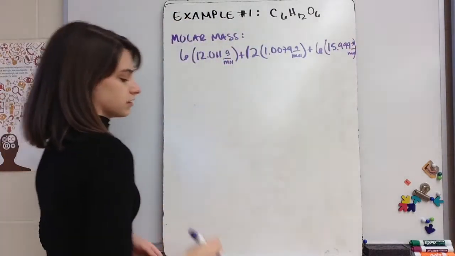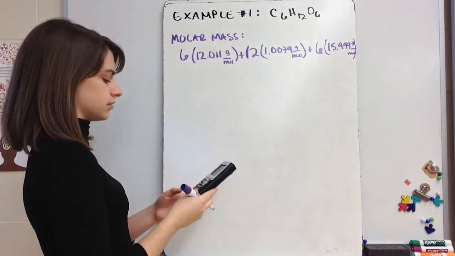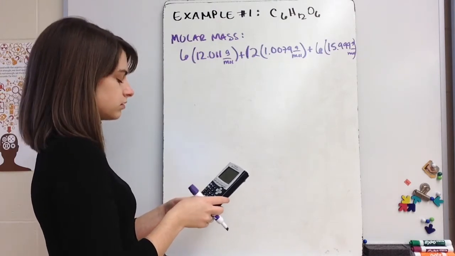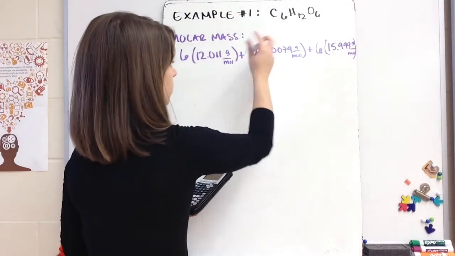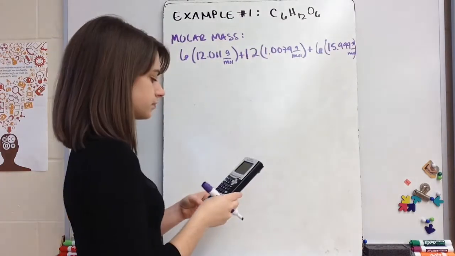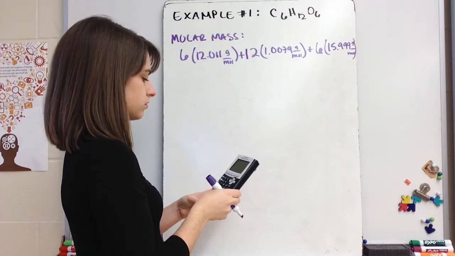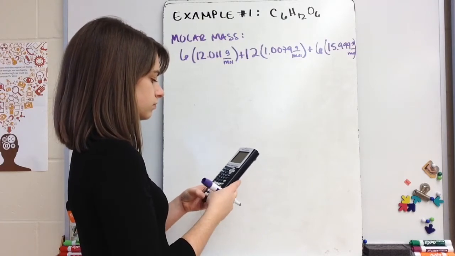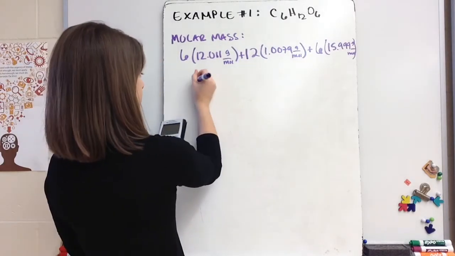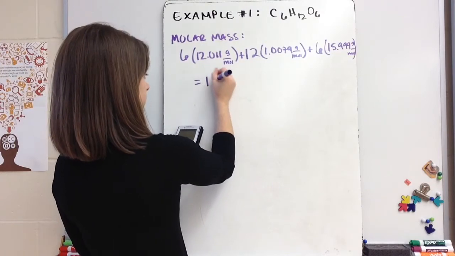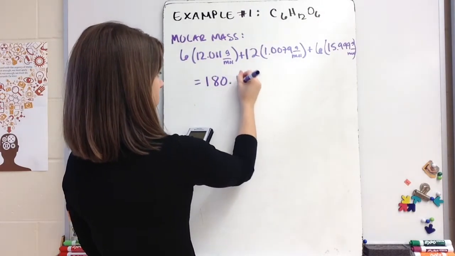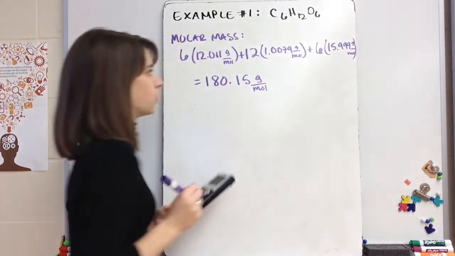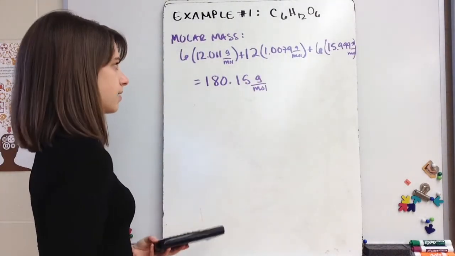Okay, so let's figure out what that is. And I get my molar mass to be equal to 180.15 grams per mole.